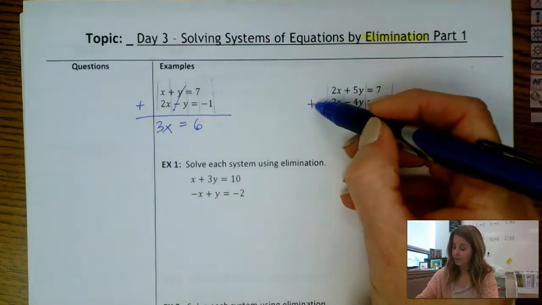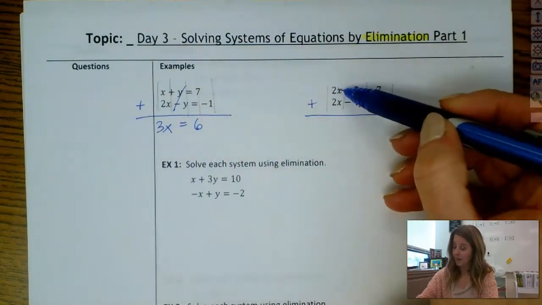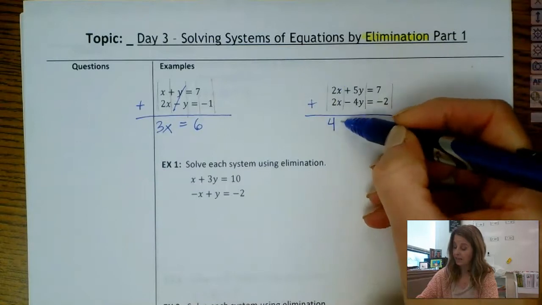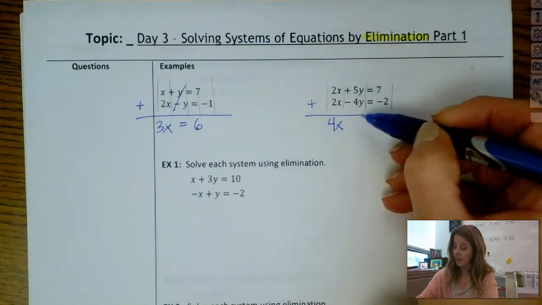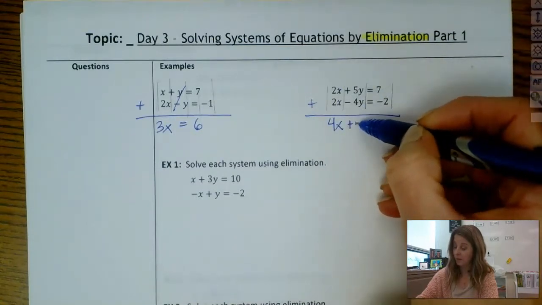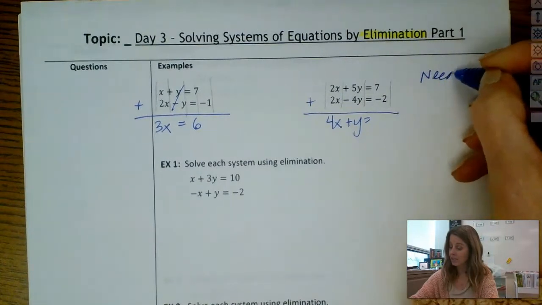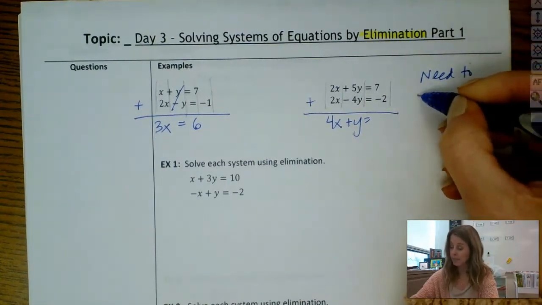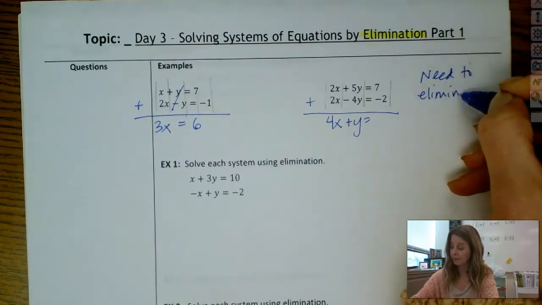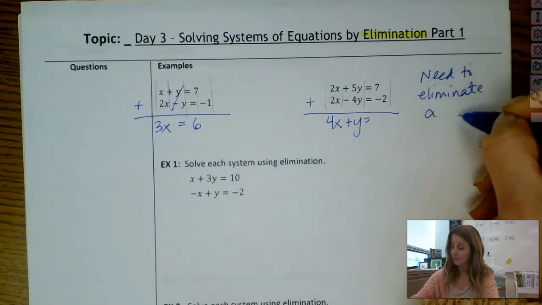If we look at the second one, see how if I add the x's, I get 4x. And if I add the y's, I get 1y. Nothing canceled out. So my goal here is I need to eliminate a variable.